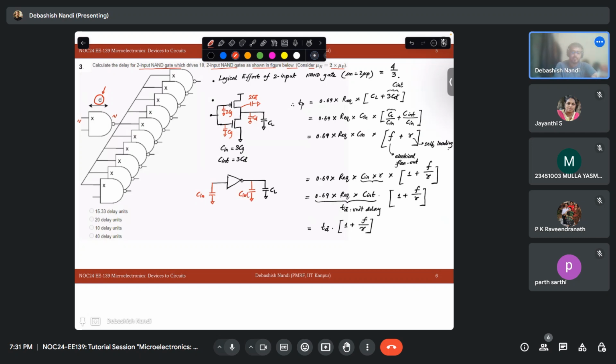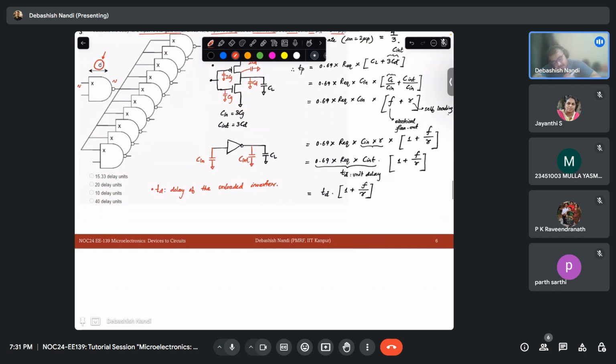Fine. Now TD is the delay of the unloaded inverter.